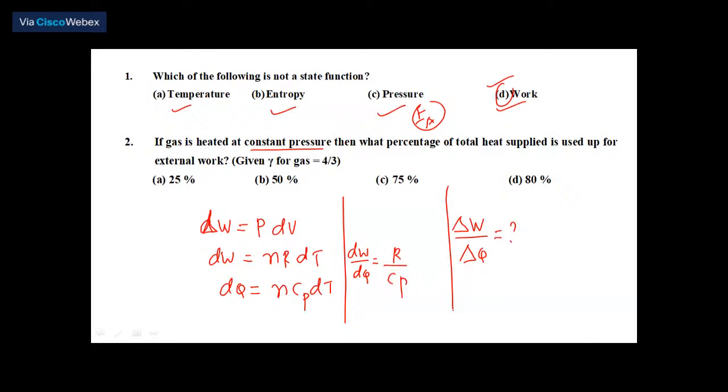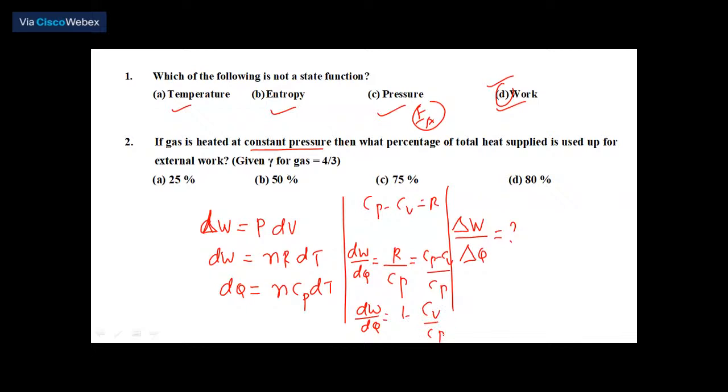From Mayer's equation we know what R is equal to. We have Cp minus Cv is equal to R, right? So Cp minus Cv divided by Cp is equal to dW divided by dQ, or dW divided by dQ is equal to 1 minus Cv divided by Cp, right?